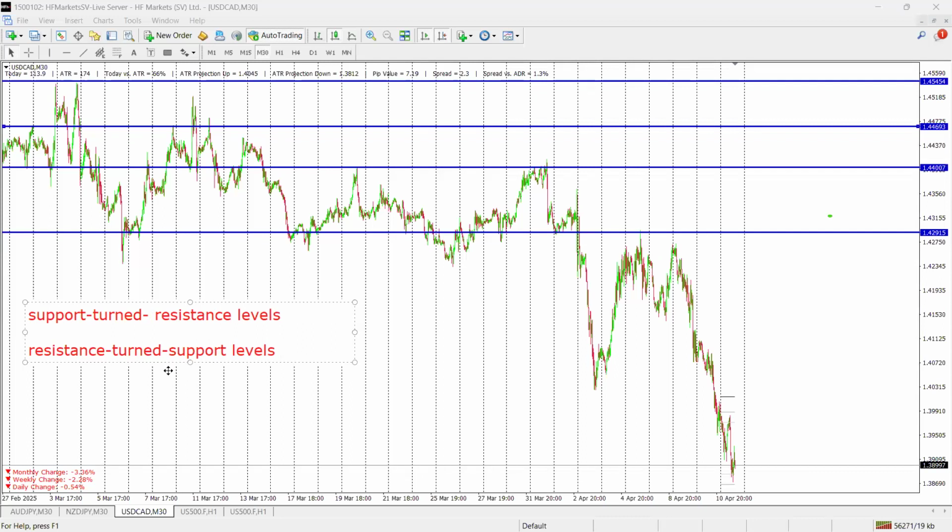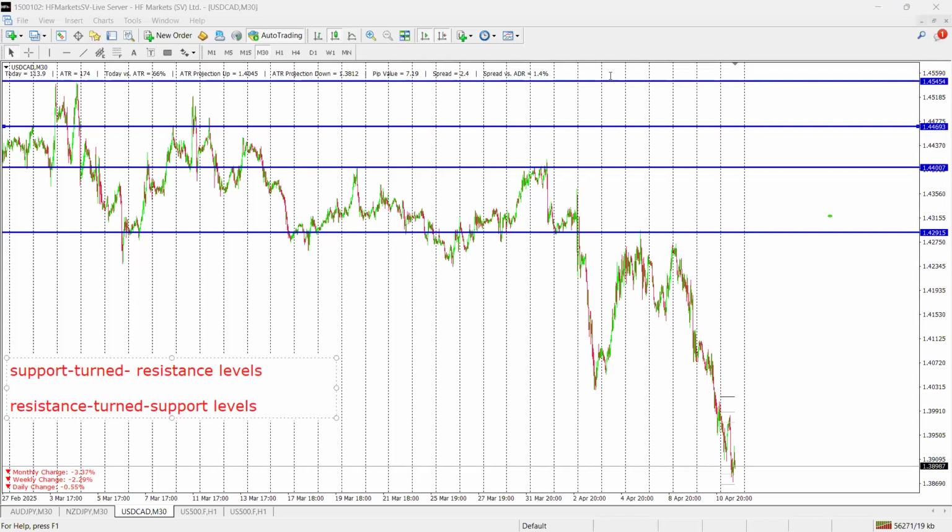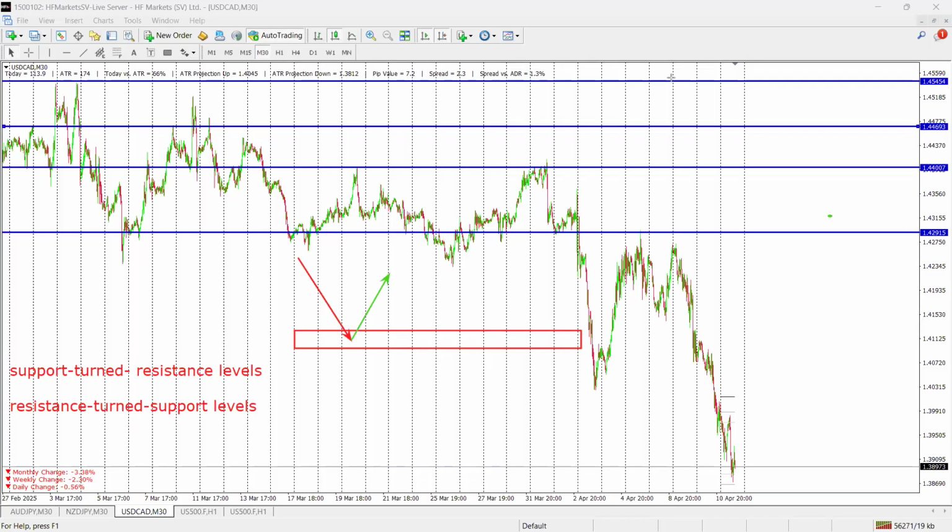For example, let's draw a simple zone like this. If the market came down, found support at this level, but eventually, because of evidence of momentum or breaking news, the market was able to break this region, go below it.